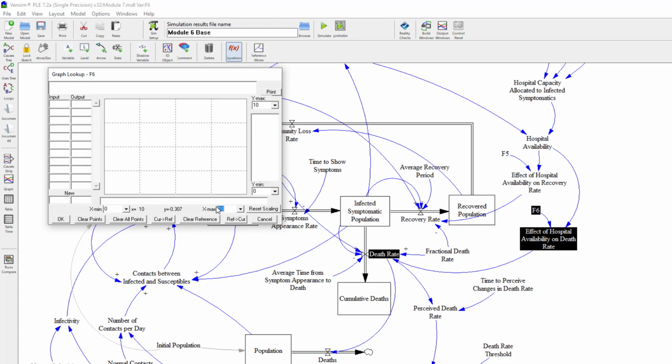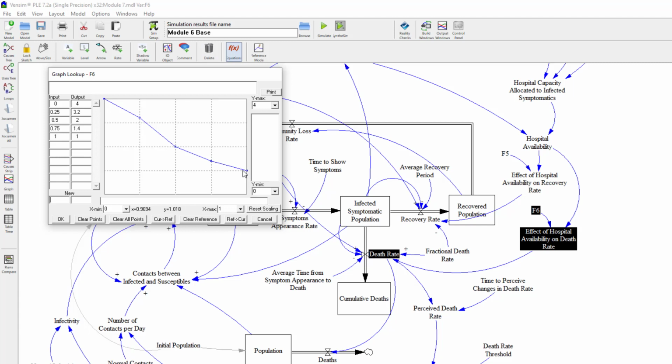First we change the maximum value of x and y axis. So let me explain what this is. When there is no shortage of hospital beds, then it has no impact on the death rate, right?